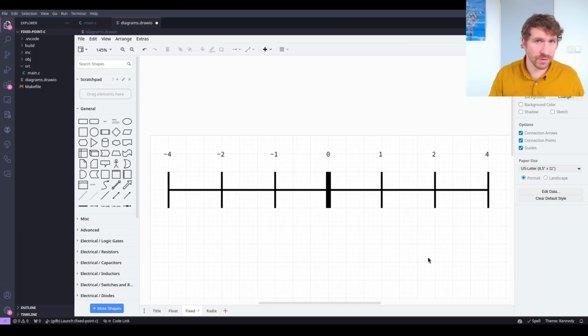Floating point's got a trick that it uses to allow us to get huge numbers and tiny numbers using just 32 or 64 bits, whereas fixed point doesn't allow you to represent such a huge range of numbers. But what it does let you do is represent all the numbers that you have in a certain range linearly with exact precision according to the number of bits you have.